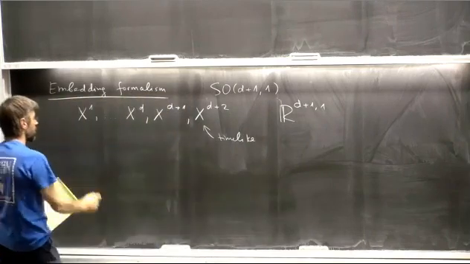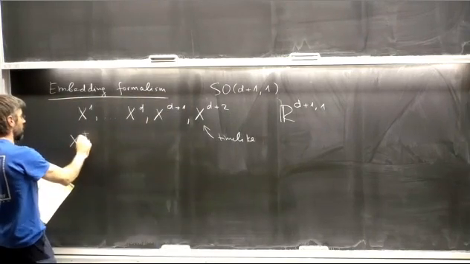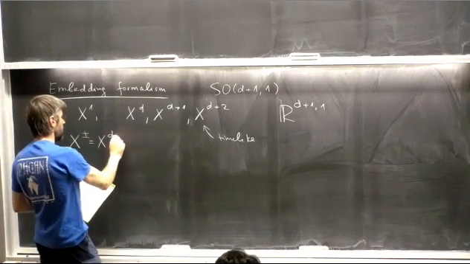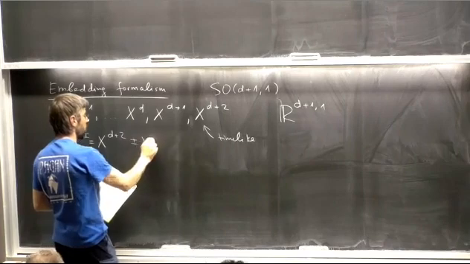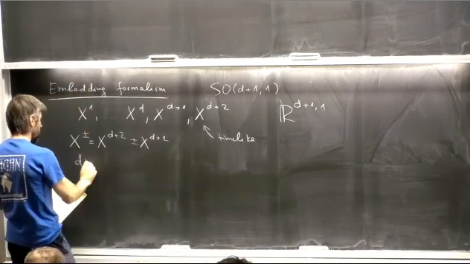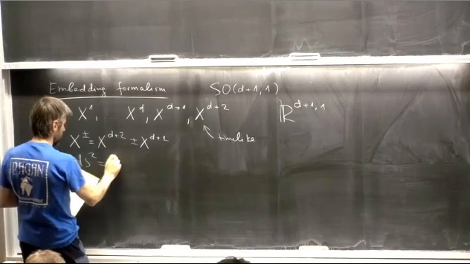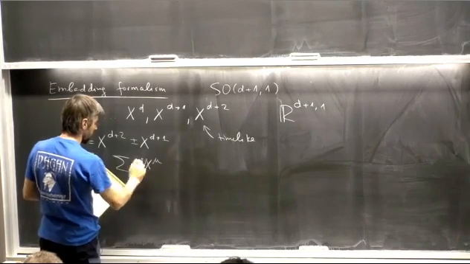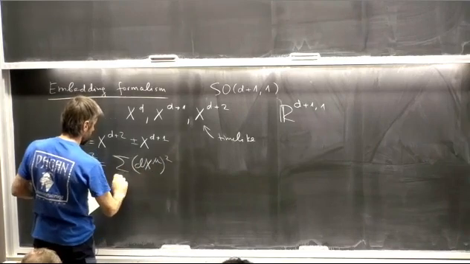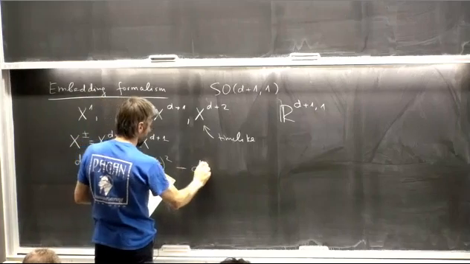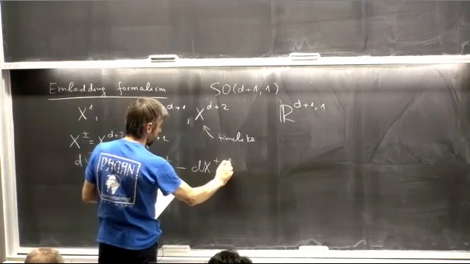I will also introduce the light cone coordinates x plus minus, equal to xd+2 plus or minus xd+1. And the metric is the sum of dx mu squared for 1 to d, minus dx plus dx minus.